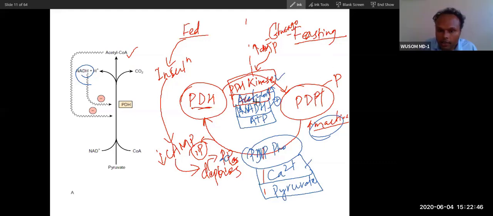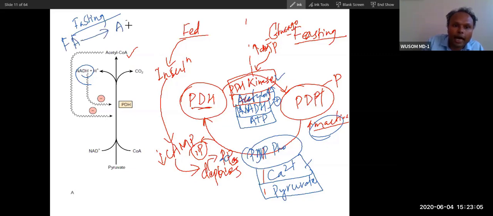And in fasting condition, these three molecules will stimulate this PDH kinase to convert this PDH into phosphorylated PDH. Because when you are in fasting condition, what will happen? In the cellular environment there will be fatty acid breakdown.